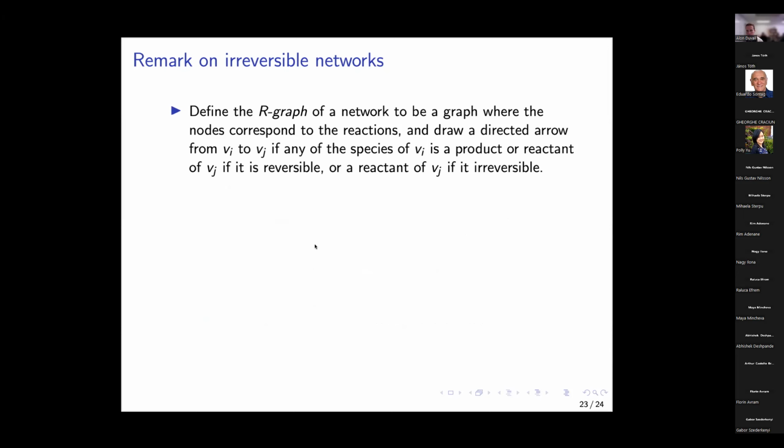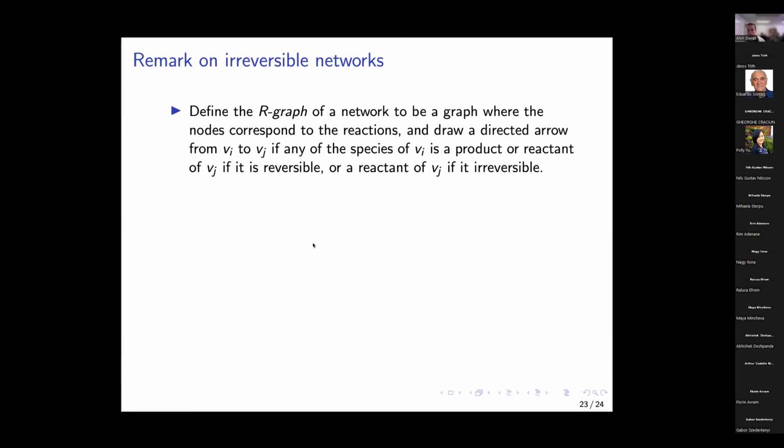So I'll define a notion of an R graph, and this is R for reaction. The nodes will be reactions of our reaction network. And then we have an arrow from a node to a node, so from a reaction to a reaction. If VI is one reaction and VJ is another, we have an arrow from VI to VJ if VI can impact the kinetics of VJ.